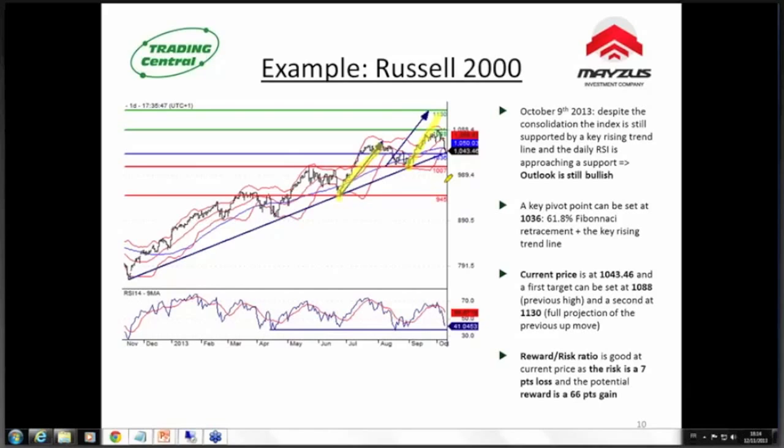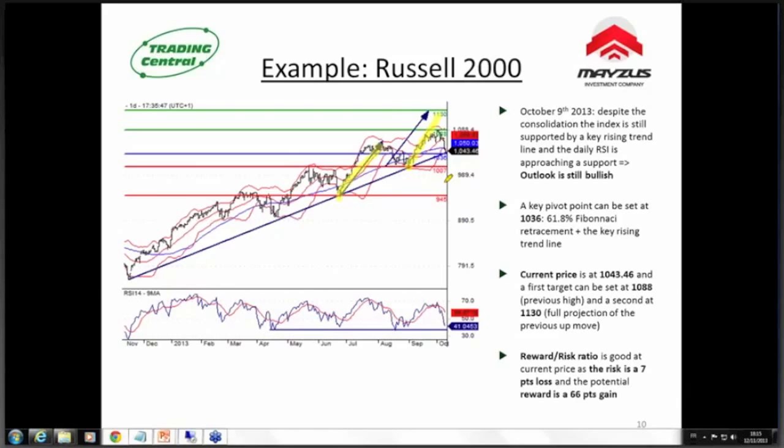As the risk is 7 points loss, as the stop loss is at 1036, and the potential reward is 66 points gain. So in this example, if you want to enter a long position at 1043, your key stop loss is at 1036, so it's a limited loss if your outlook is wrong, and the potential reward is very interesting with a 66 point gain.